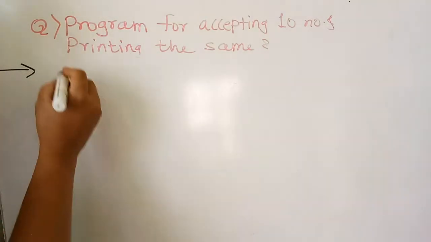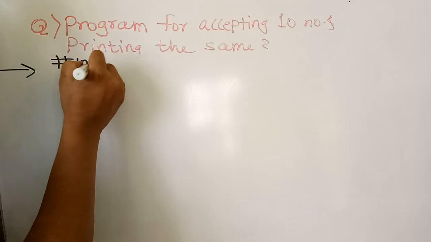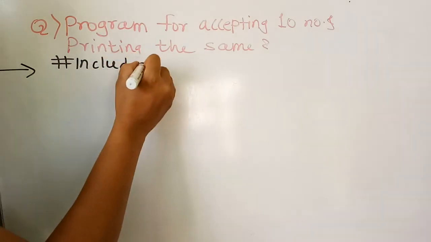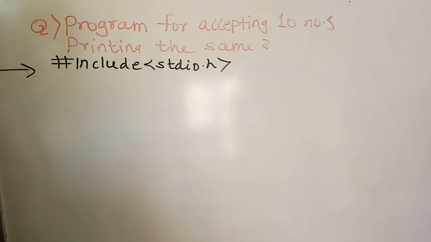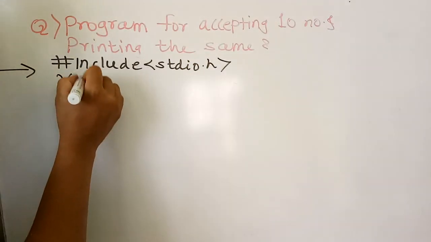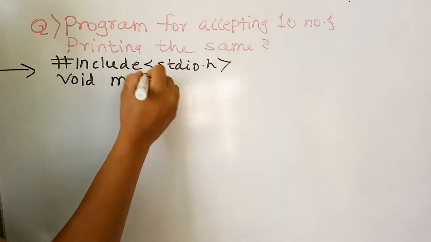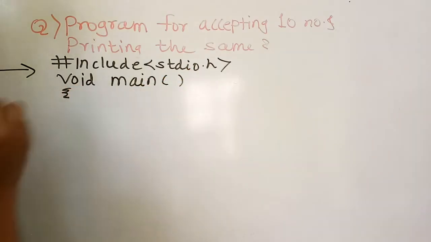Every program should start with the header file, that is, #include <stdio.h>. Then we will write the main section, that is, void main.